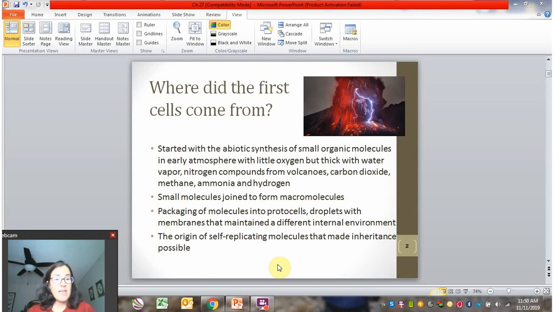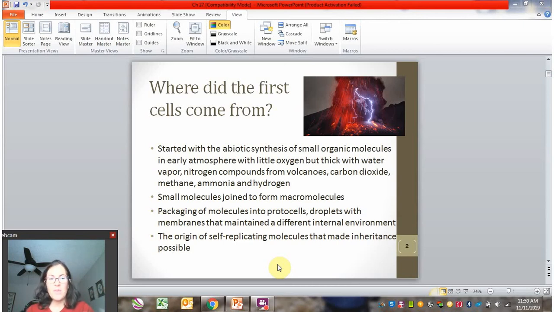There was methane, which is CH4, so carbon as well, ammonia, nitrogen containing, and hydrogen gas. So these compounds are important because they contain carbon, oxygen, hydrogen, and nitrogen, which you may remember as the 4 elements that are the largest components of living things. And so you had this sort of stew that contained the compounds of life.